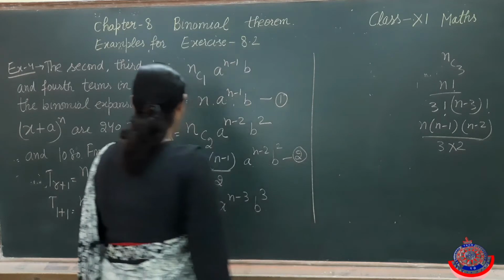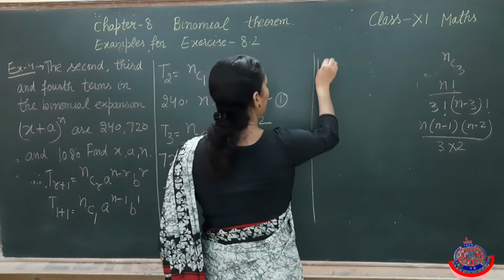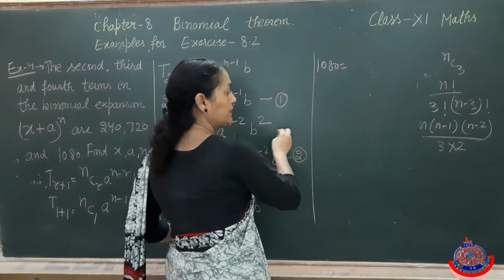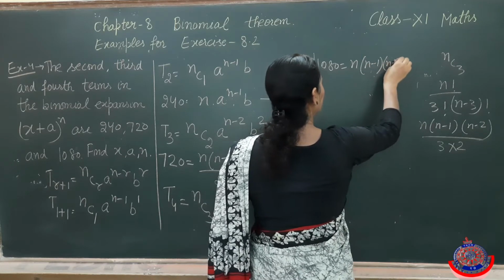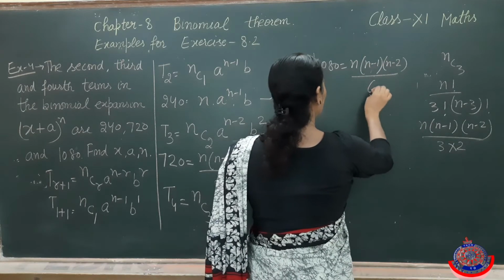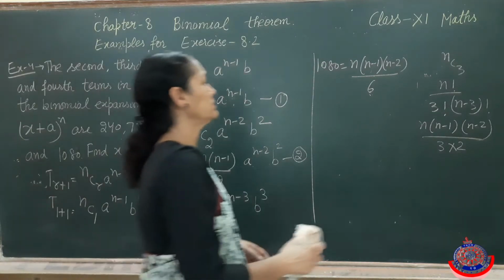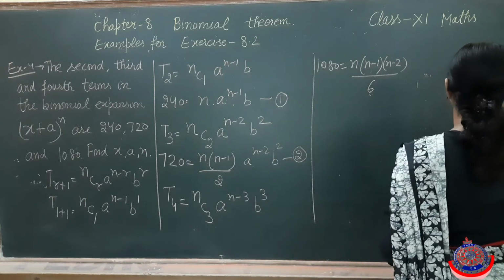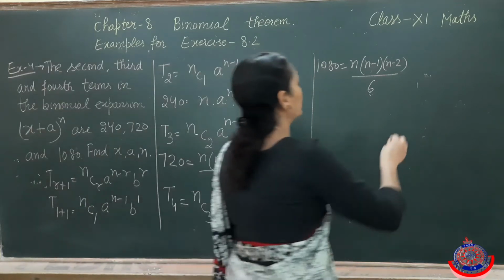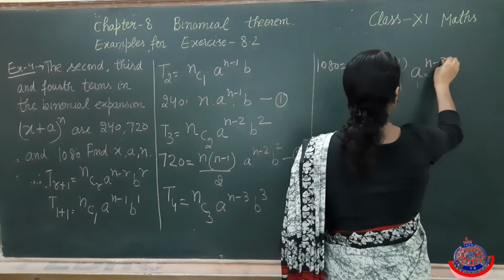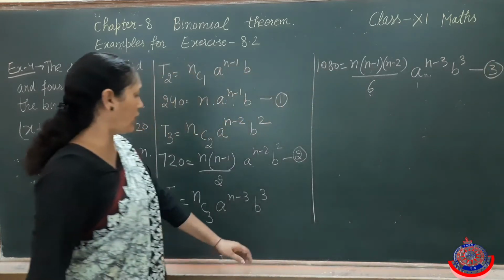And in the question it is given that the fourth term is 1080. So 1080 equals n(n minus 1)(n minus 2) upon 6 a^(n-3) b^3. It will be the third equation. We have solved all the equations.